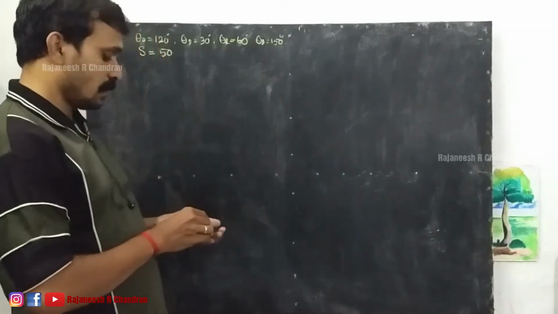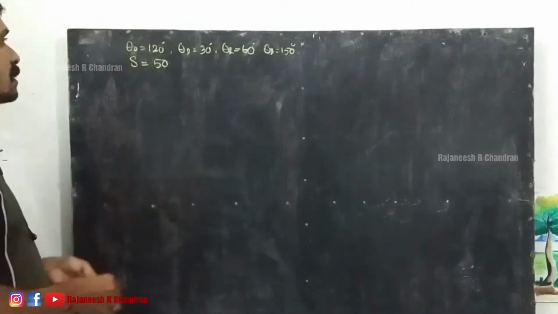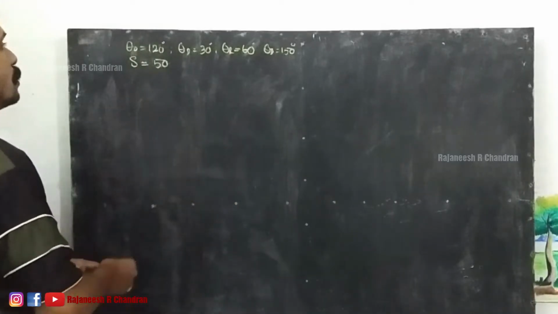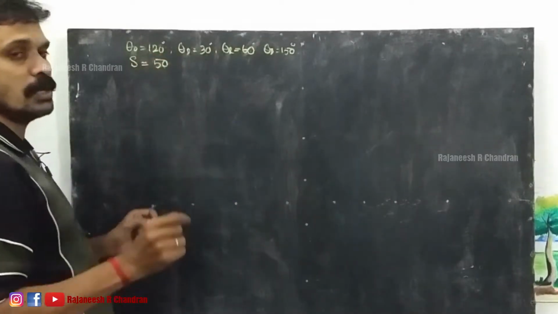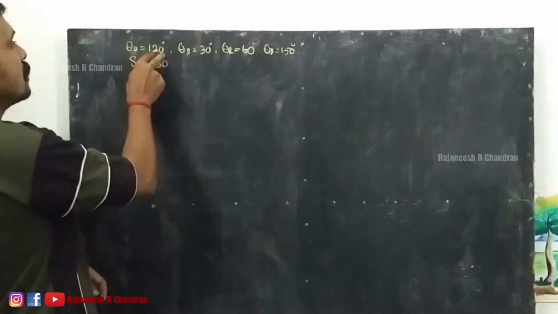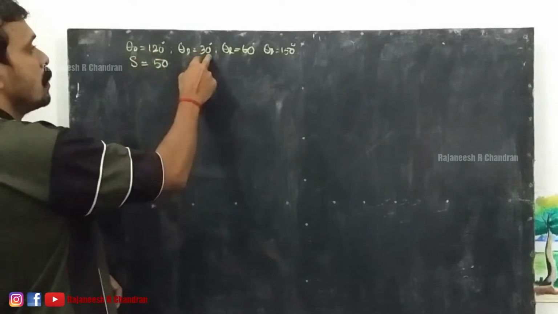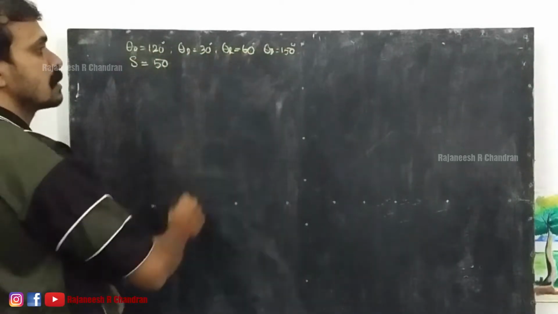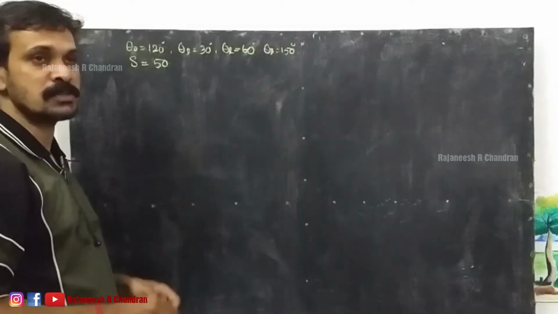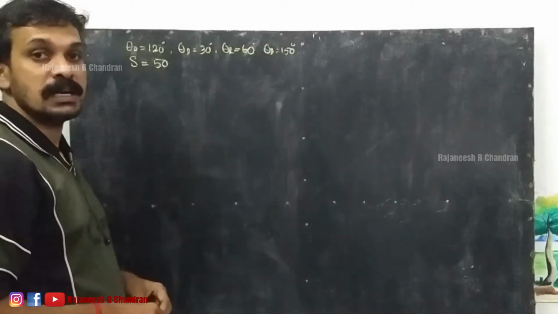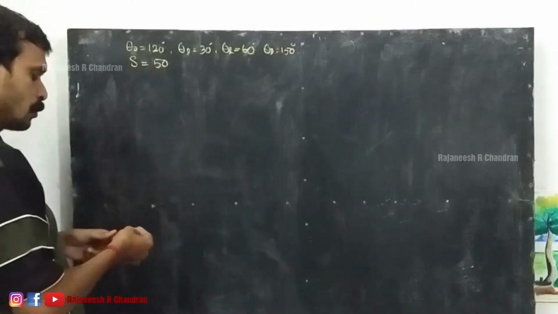The first step is to fix a suitable scale. If you take 1 centimeter equal to 20 degree, this will be 6 centimeter, this will be 1.5 centimeter, this will be 3 centimeter, and this will be 7.5 centimeter. That will be a good scale for a better drawing.